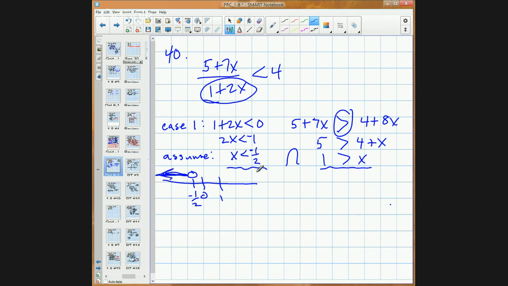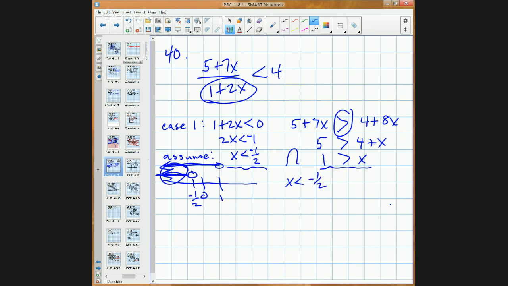And the numbers less than 1, and they look like this. Is there any overlap between those two graphs? Sure, it's everything less than, where's the overlap? Isn't it right here? So the final answer to our case 1 is x is less than negative 1/2.